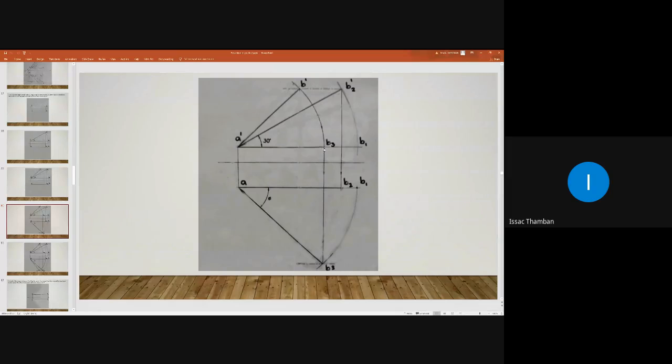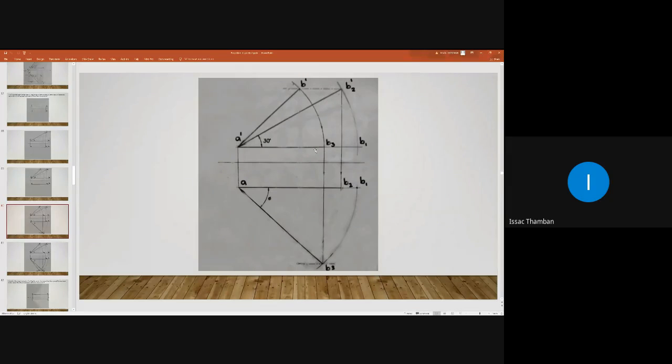Draw this arc and mark this intersection as B3 dash. Have you obtained B3 dash? Yes, sir. Okay.